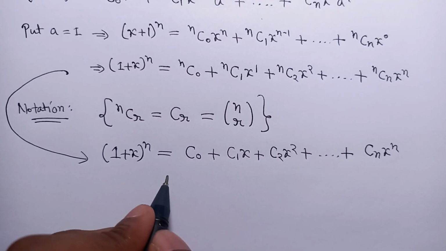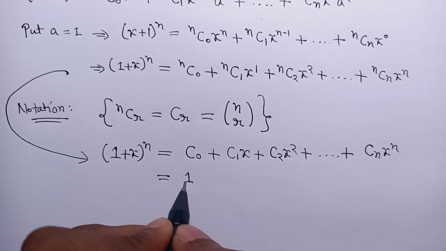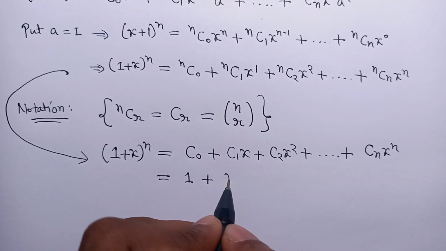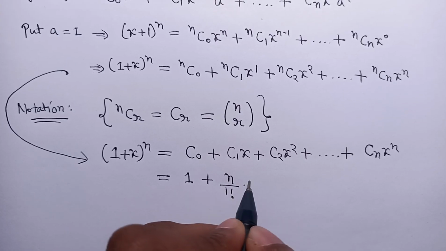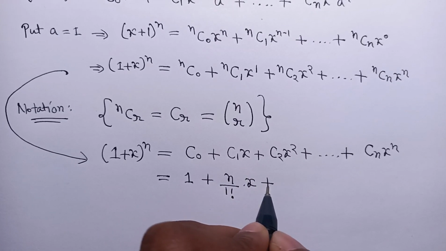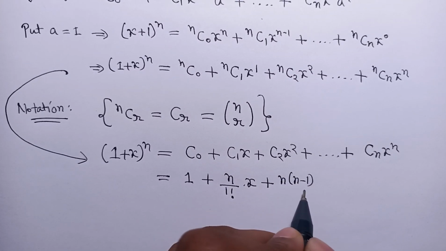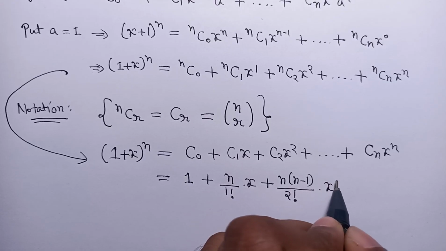Also this is not only this much, you can also write C0 is nothing but 1, plus C1, here power is n, so you should write n upon 1 factorial into x, plus this is C2, so you should write n into (n minus 1) divided by 2 factorial into x².